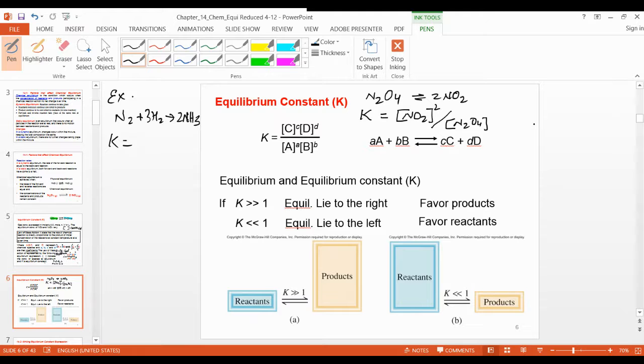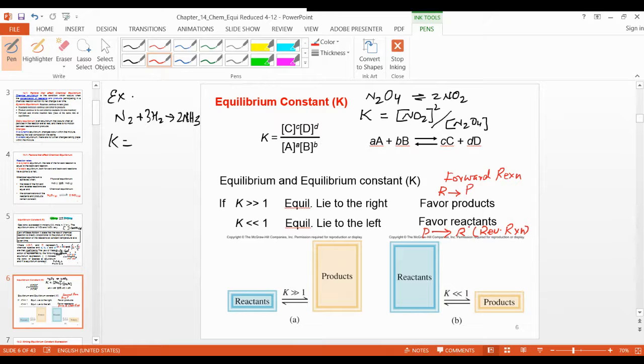Remember how many things I told you. In this one, the product is favored, it means the reactant changes to product, more product, and it is the forward reaction. And this one is the product changing to reactant, which means the reverse reaction.